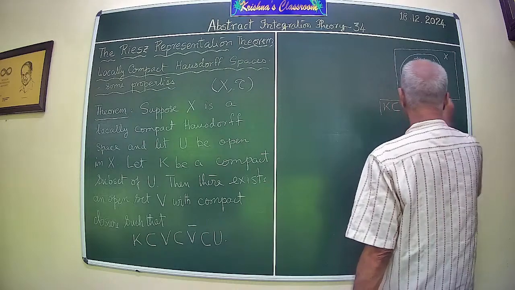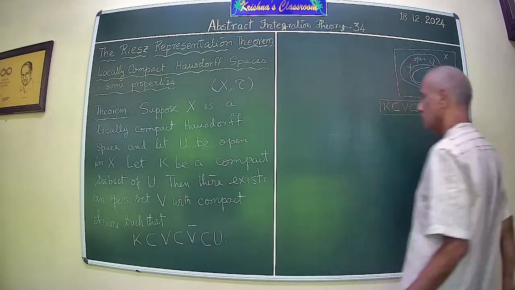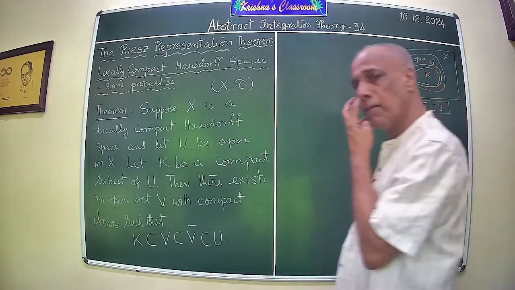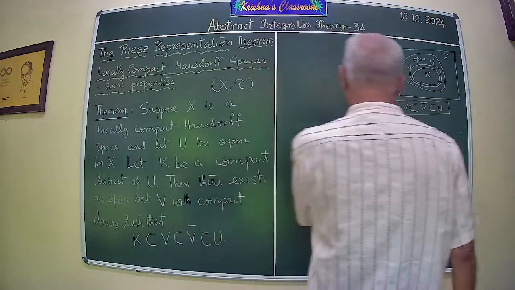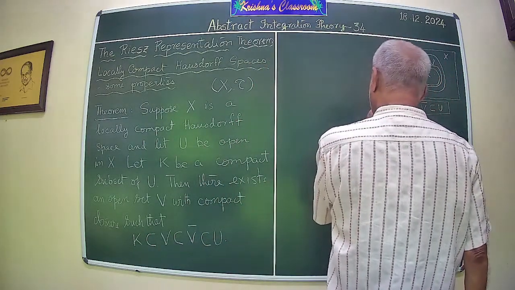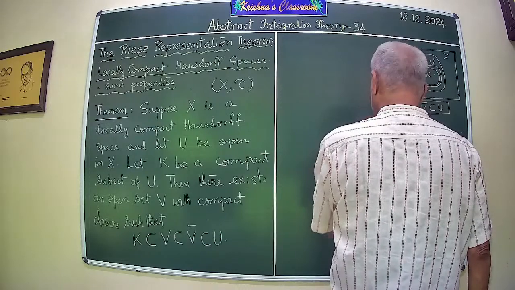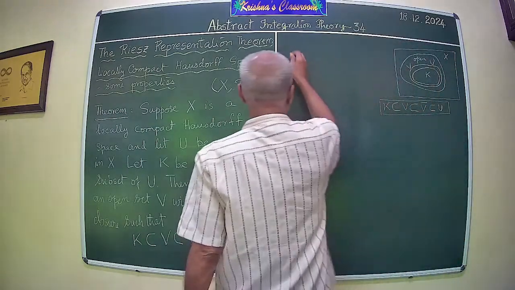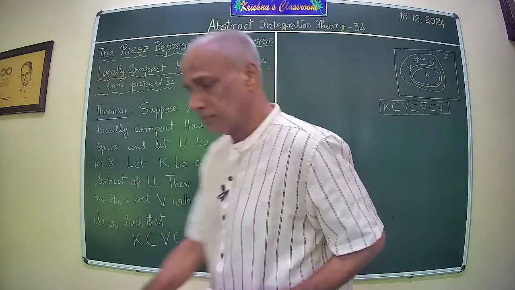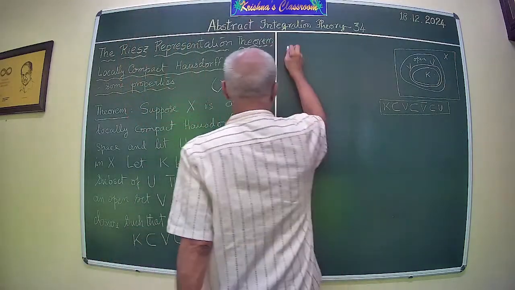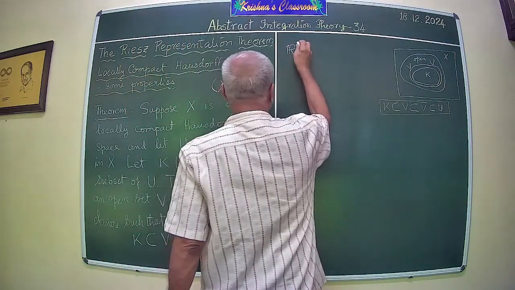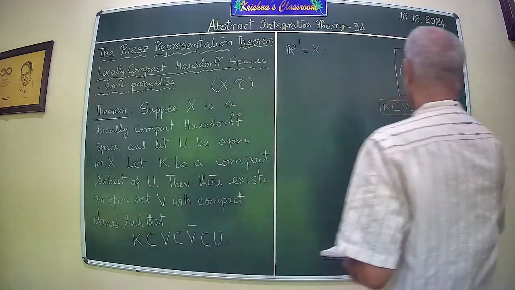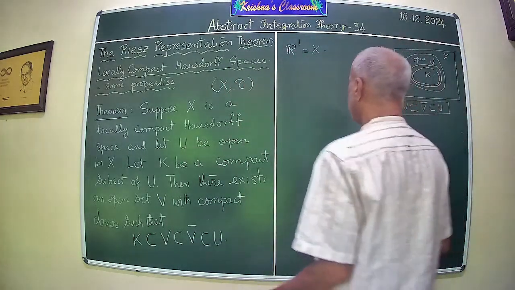This looks like, for instance, if we take R2, or take R1. So, for example, you take R1, which is a locally compact Hausdorff space.